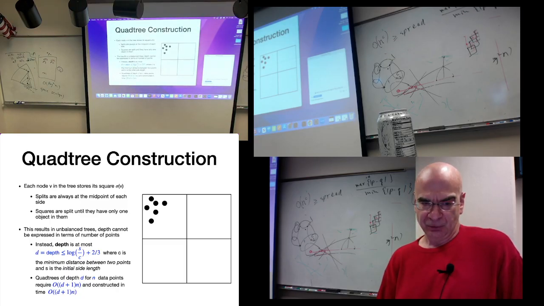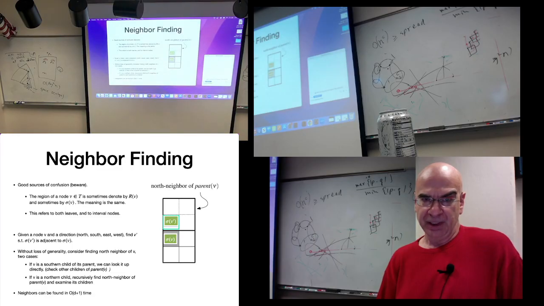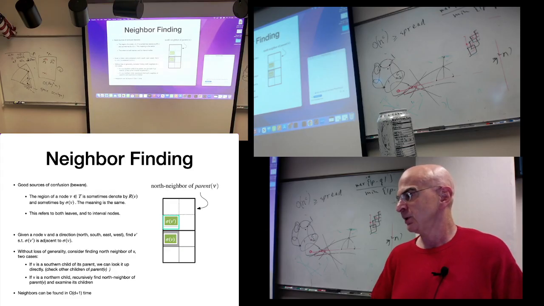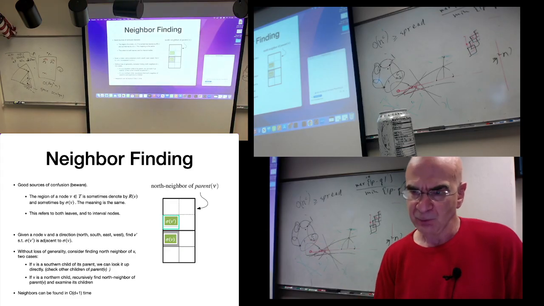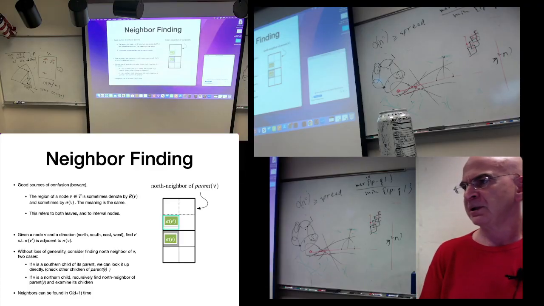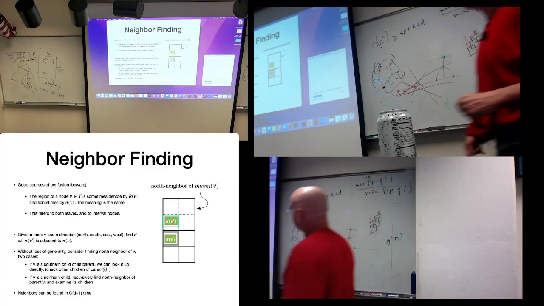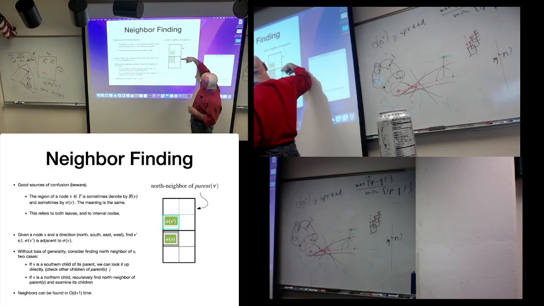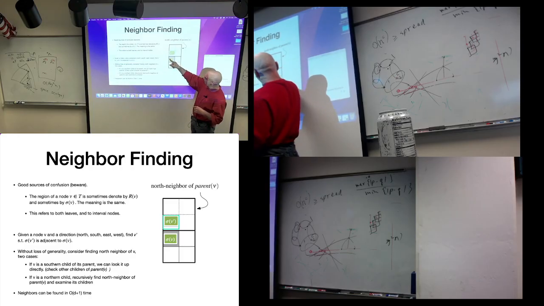What was more important here was that I want to be able, for every quadrant, to know that there are one or two neighbors from the side. It might influence from the right side: either there is one quadrant or two quadrants. If I want to do, say, ray tracing in graphics, I want to say that a ray that just leaves this quadrant is going to one of the neighboring quadrants over here.